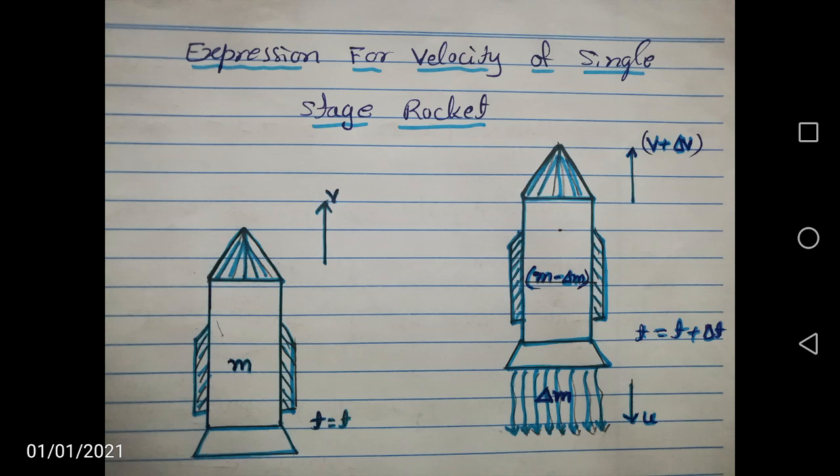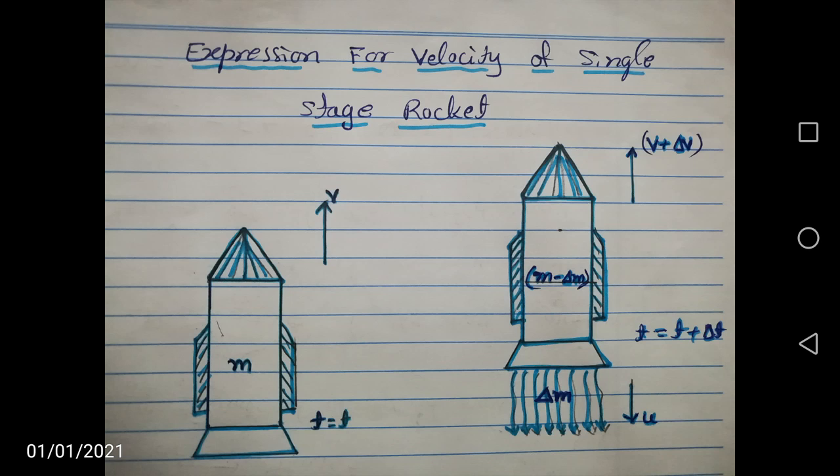From the momentum point of view, the hot gases acquire momentum in the downward direction and the rocket acquires an equal amount of momentum in the upward direction. Here we are going to consider a single stage rocket to explain its motion and to derive an expression for its velocity.